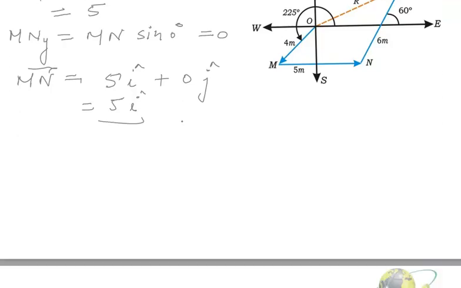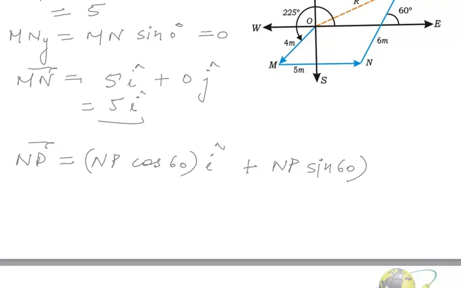Now in the same fashion we can write the NP vector also. So the NP vector will be given by NP cos 60 i cap plus NP sin 60 j cap. The magnitude of NP is 6 meters.